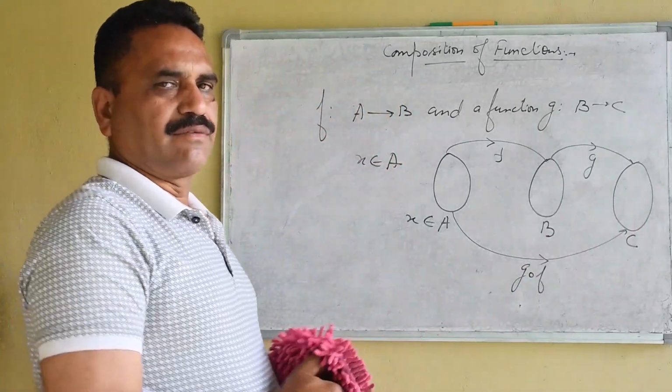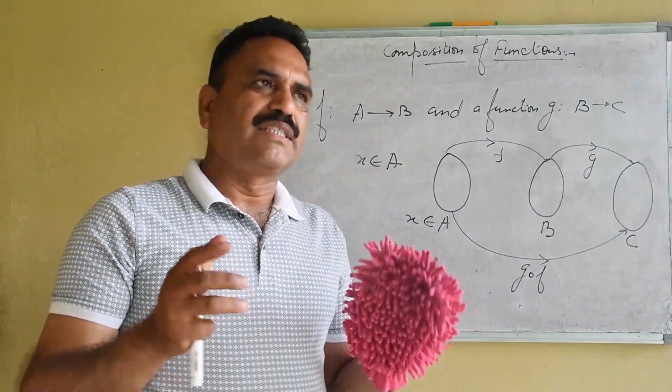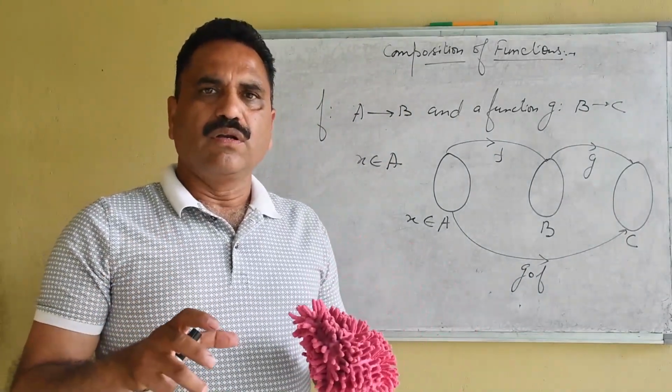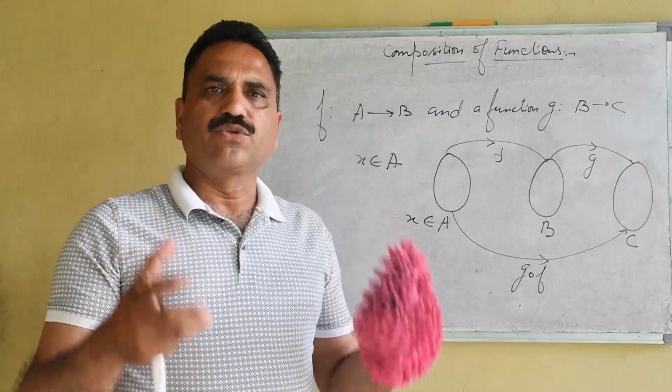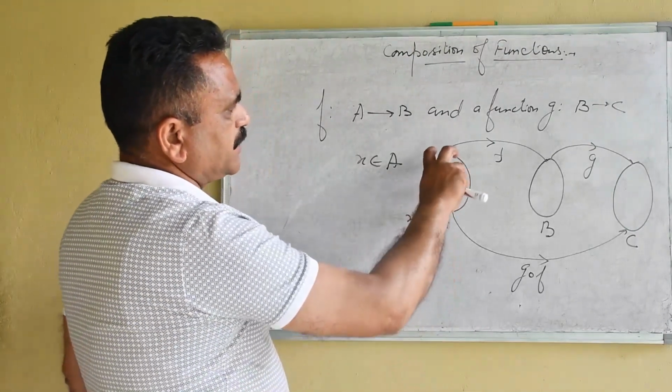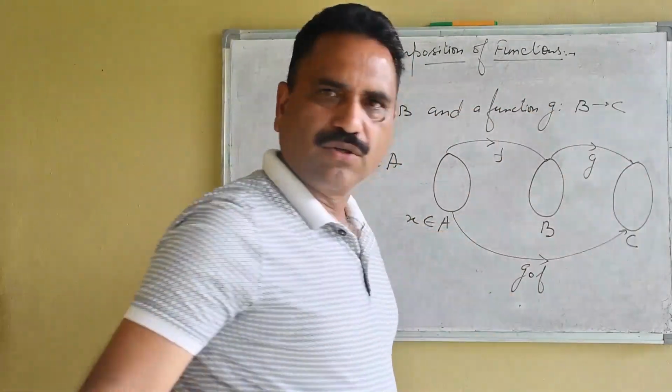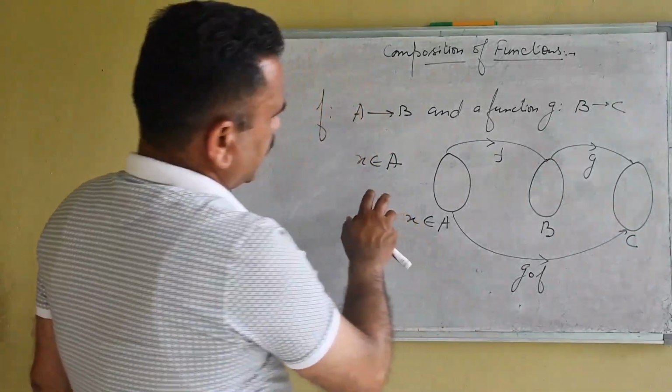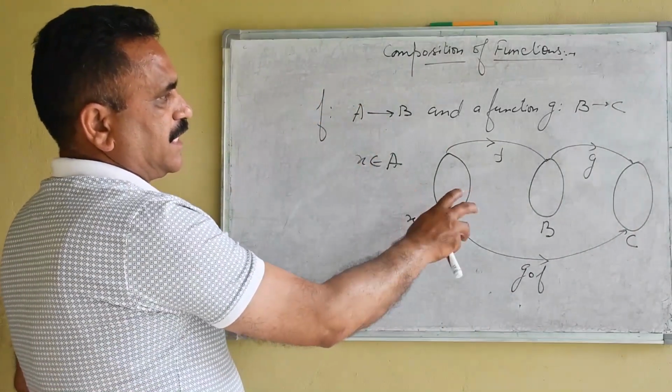Already we are aware of what a function is. A function is a rule, law or association of elements of one set with the elements of a second set. So here we have three sets.